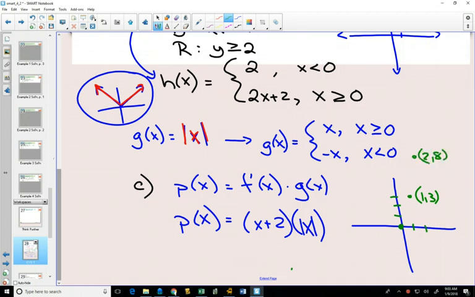What happens if you plug in 2? (2, 8). What happens if you plug in negative 1? (-1, 1). What happens if you plug in negative 2? That'll be 0 again.